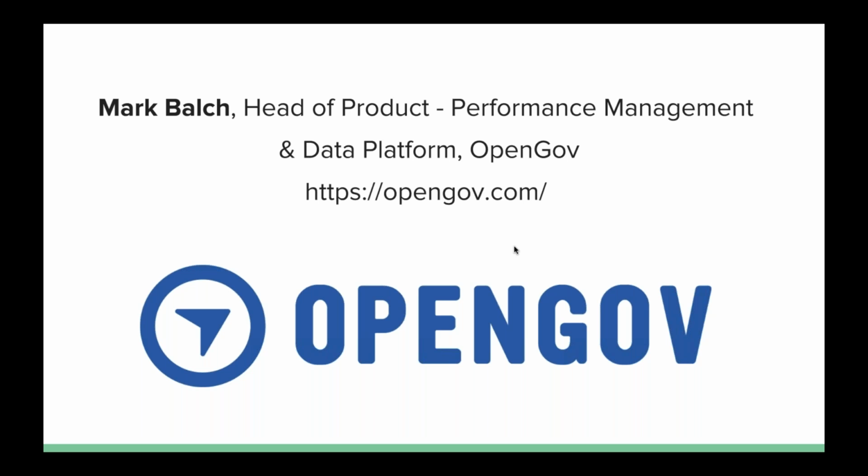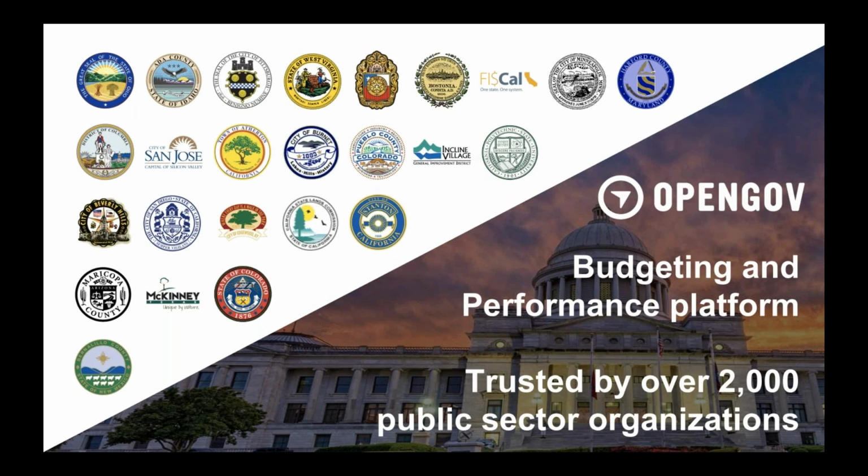If we can advance to the next slide, please. OpenGov is trusted by more than 2,000 governments across the United States. We work with states, we work with counties, cities, towns, as well as school districts and many other government entities to help them in their budgeting and performance and working with their public. OpenGov is delivered in the cloud.